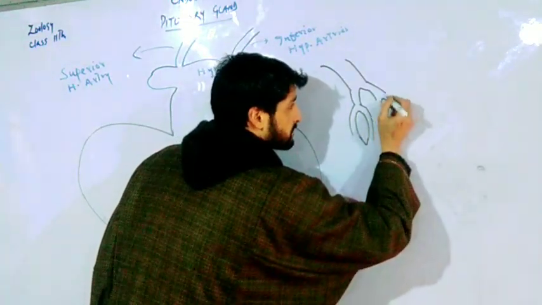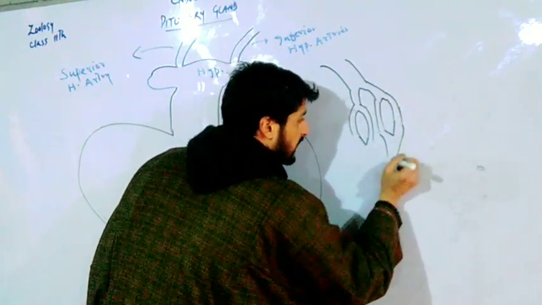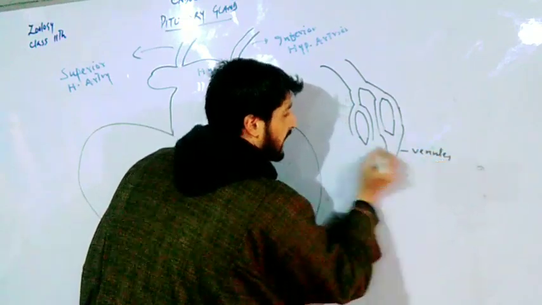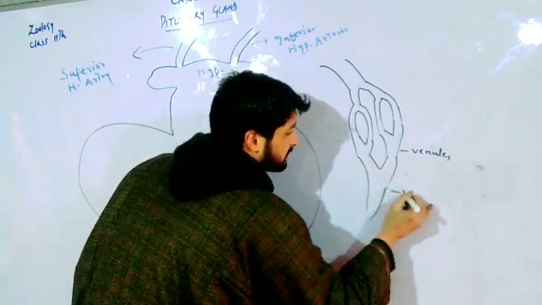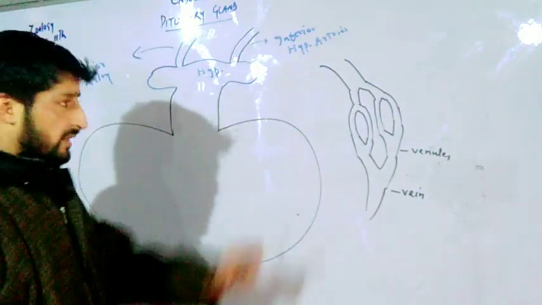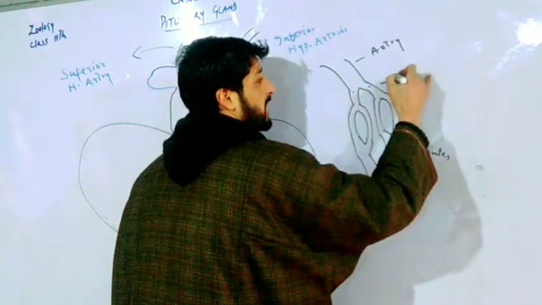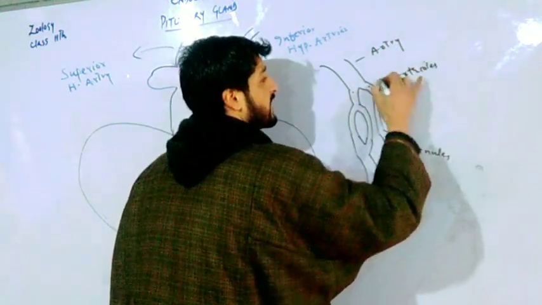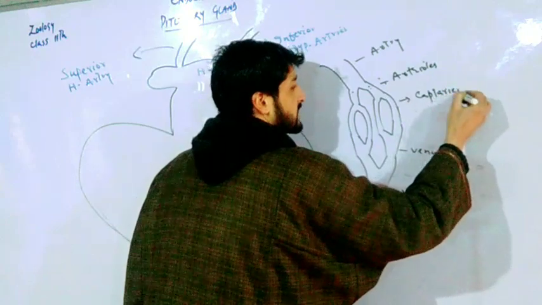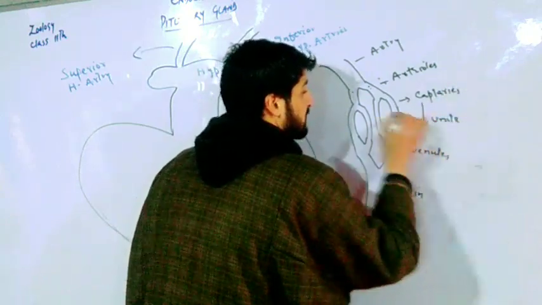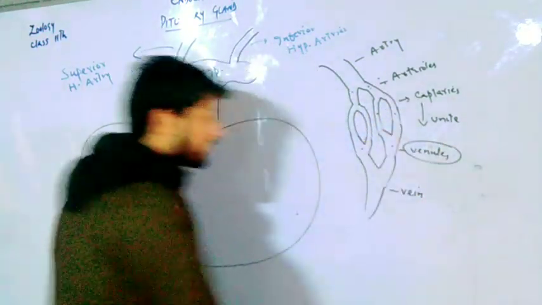These capillaries then join together and form venules, and the venules then join together and form a vein.